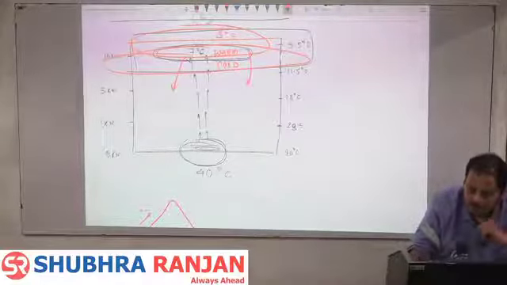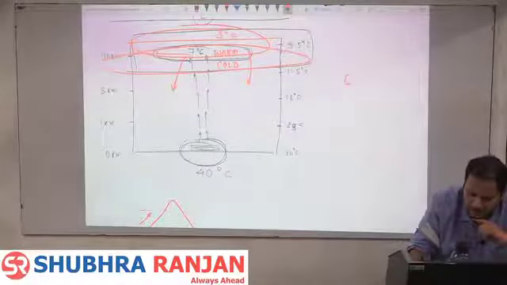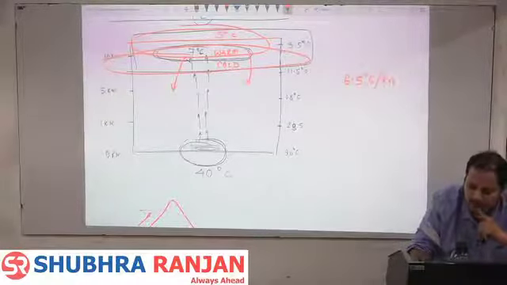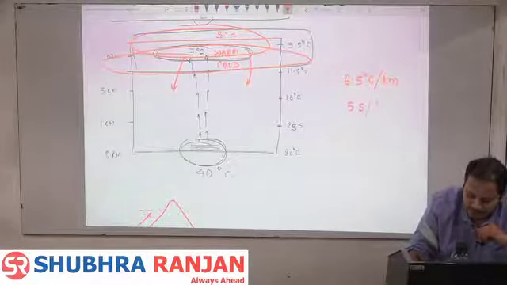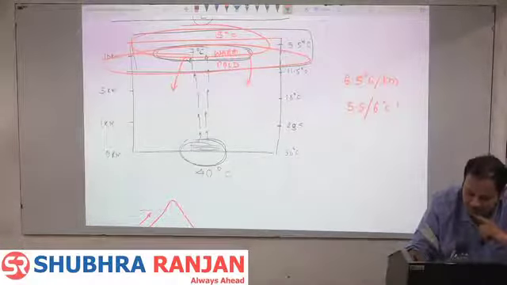Very simple. What is the environmental lapse rate? 6.5 degrees Celsius per kilometer. What is the wet adiabatic lapse rate? 5.5 to 6 degrees Celsius per kilometer.